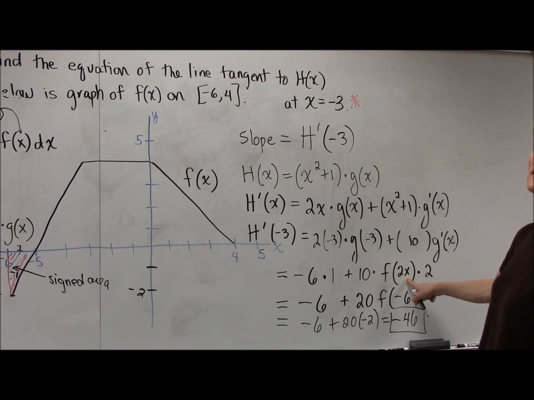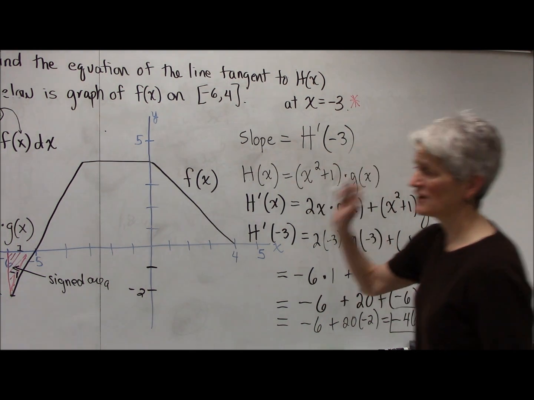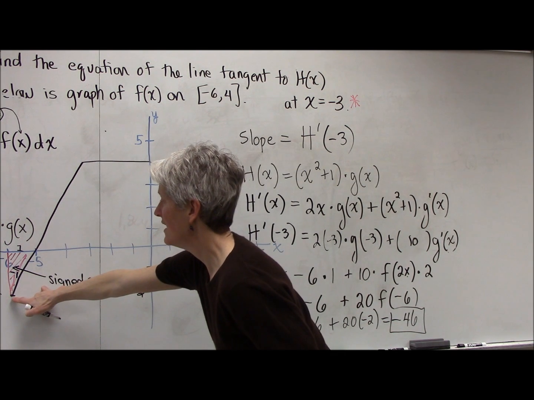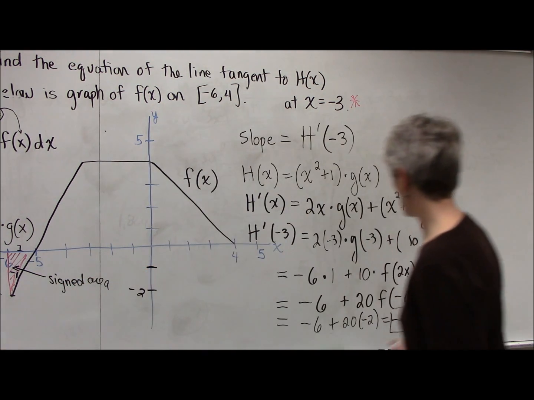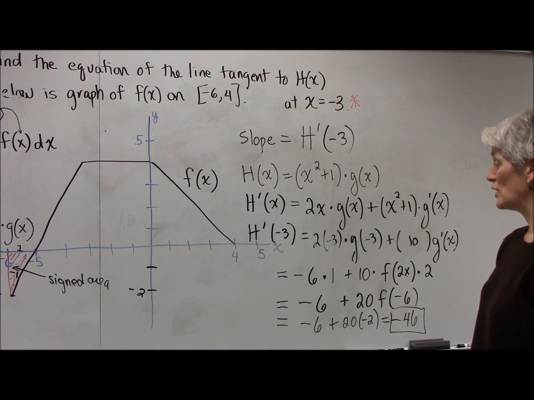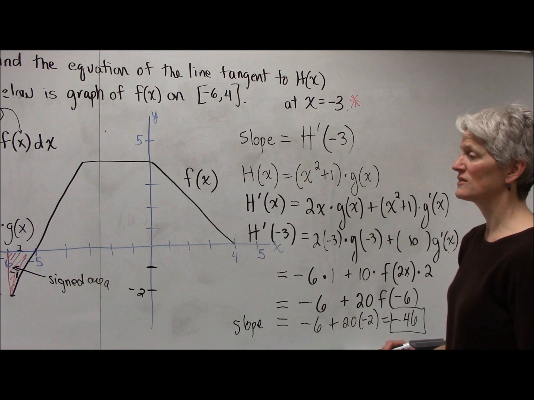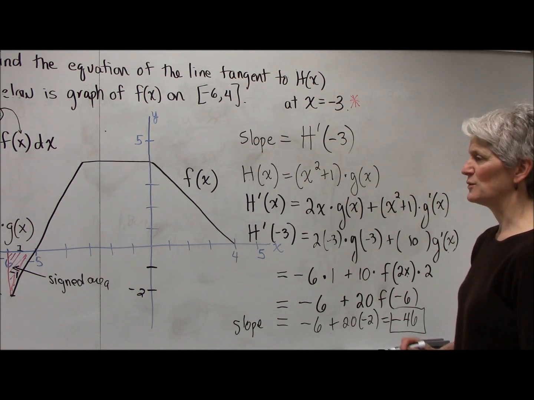That was my fundamental theorem of calculus part 2 with the chain rule. Then I substituted in negative 3 for the x. F of negative 6 is just the y value of f when x is negative 6, which we decided was negative 2. And that gave me my slope. So this is my slope of h of x at x equals negative 3.